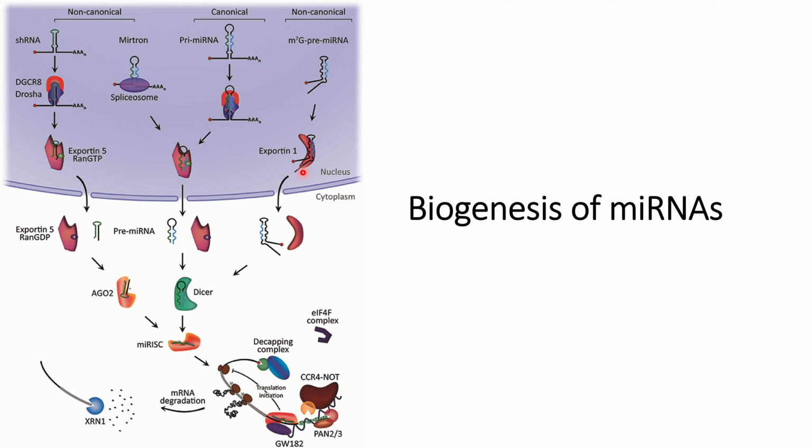One thing I need to correct is that here also the processing will occur within the nucleus, and then it will be exported out to the cytoplasm, and then it will interact with Dicer to form the miRISC complex.